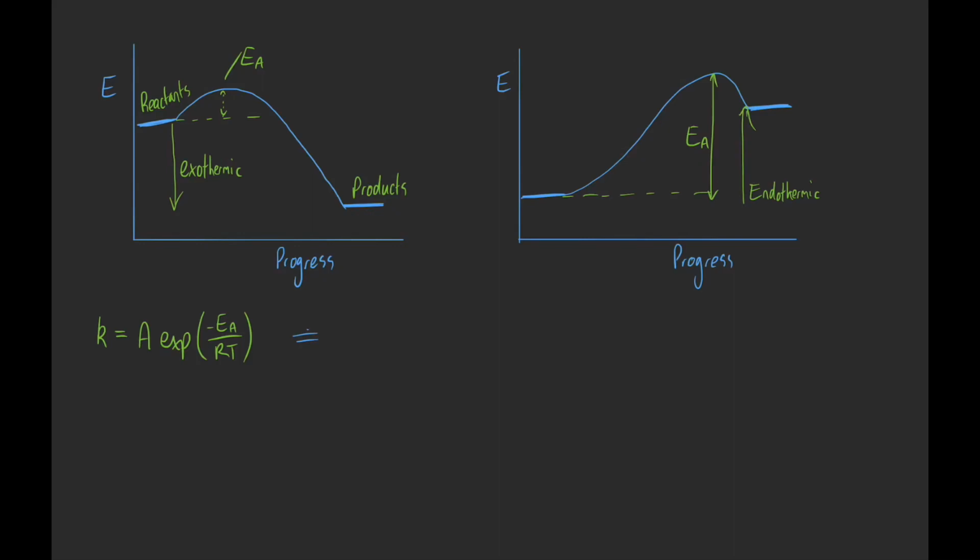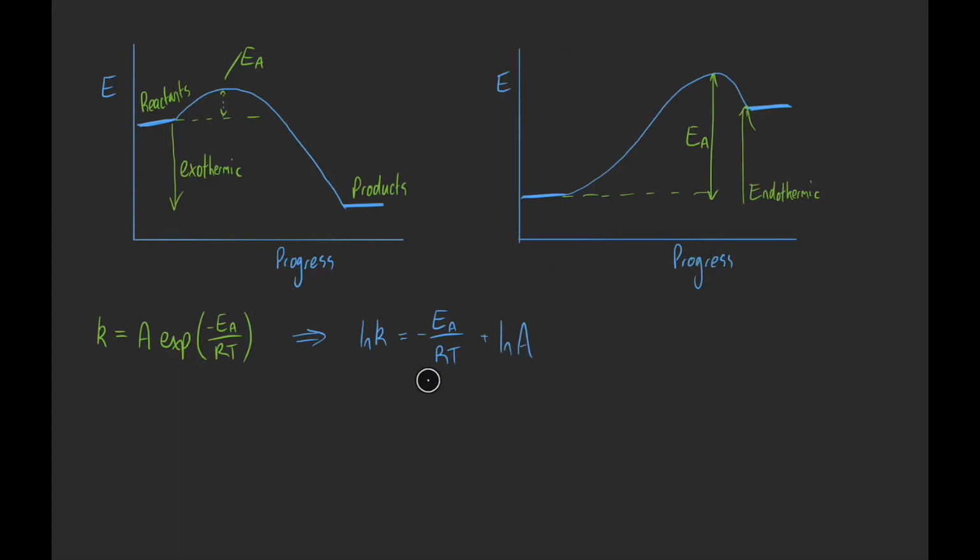And when we do that, we can write down that ln of k is equal to minus the activation energy over RT plus ln of A.